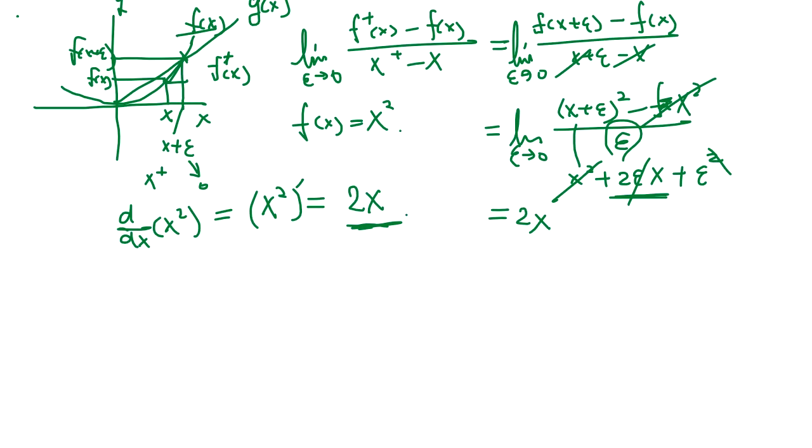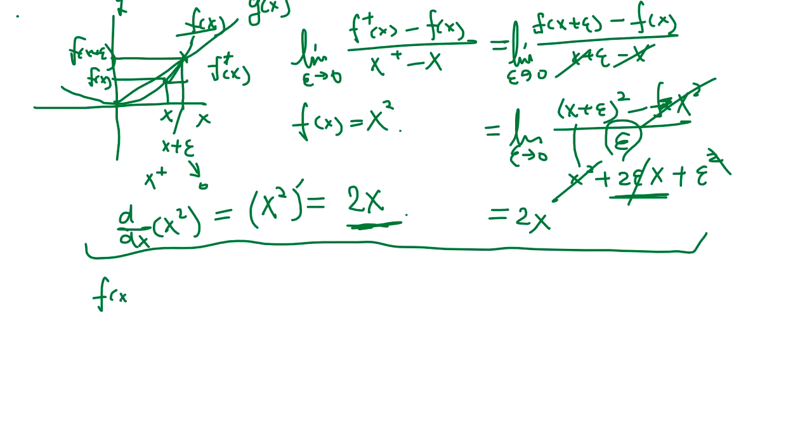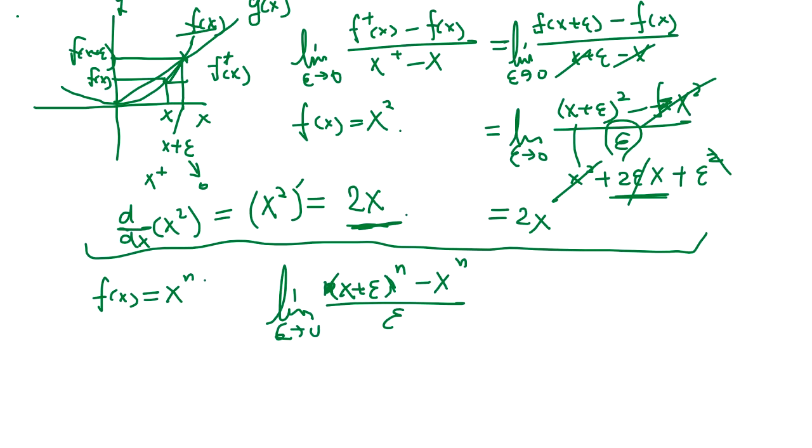So that was a review of what we did in Step 1. Now the derivative of, how about if f(x) equals x to the n? It's going to be (x plus epsilon) to the n minus x to the n, over epsilon, as epsilon goes to 0.